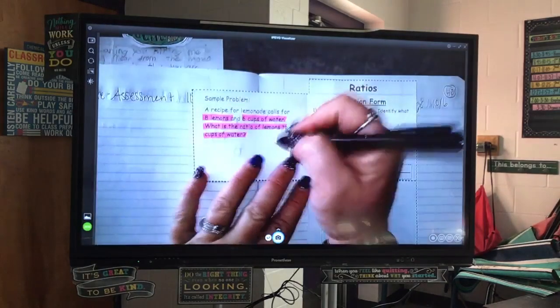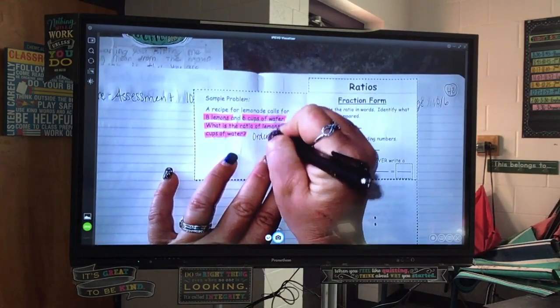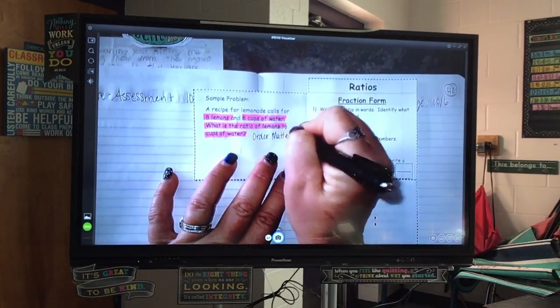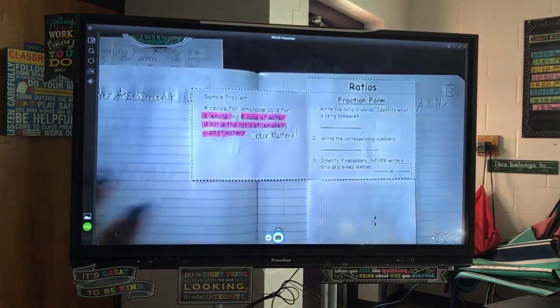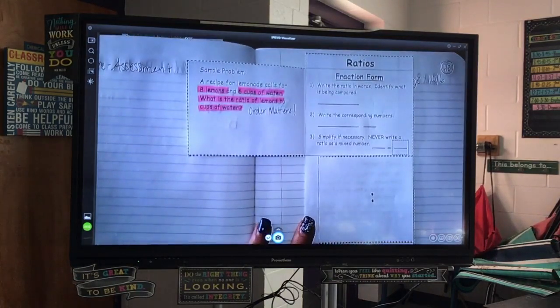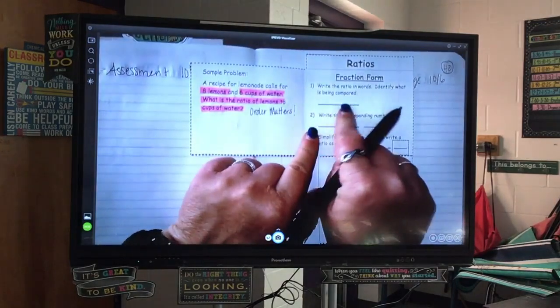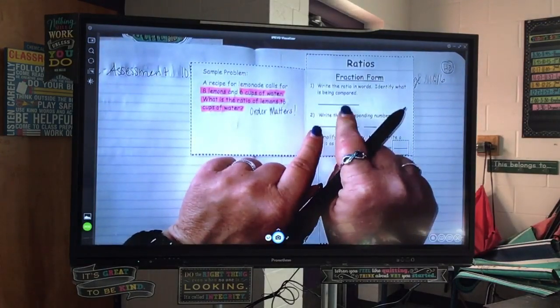What you need to understand is that order matters. Okay? So make sure that if it's asking you lemons to cups of water, you put it in that order of lemons to cups of water. Alright? So over here, what word goes on top? Lemons or cups of water?